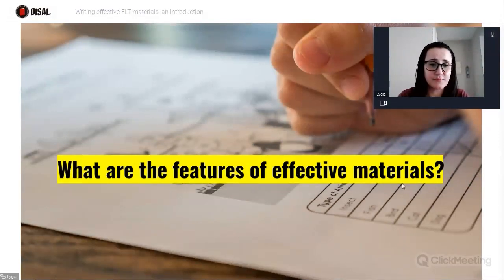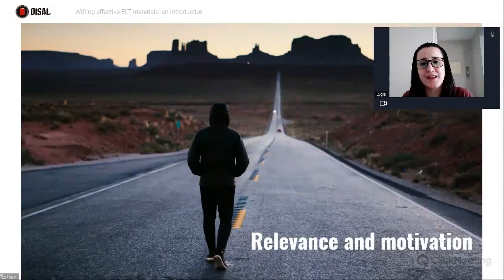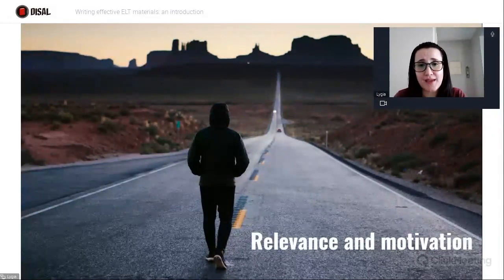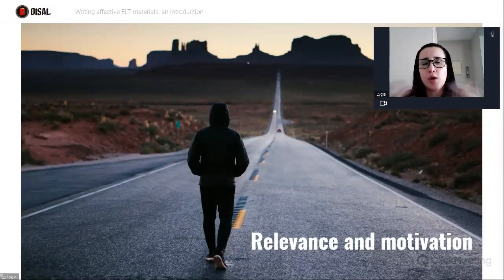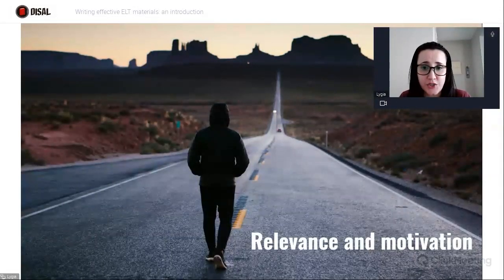No problem. So, well, the first two features that I'd like to highlight today are relevance and motivation. And I believe that some of you have mentioned these two characteristics, these two elements in the chat box as well. So, yes, it may seem obvious, but it's worth emphasizing that topics and contexts in our materials need to be relevant to our students' needs and expectations.